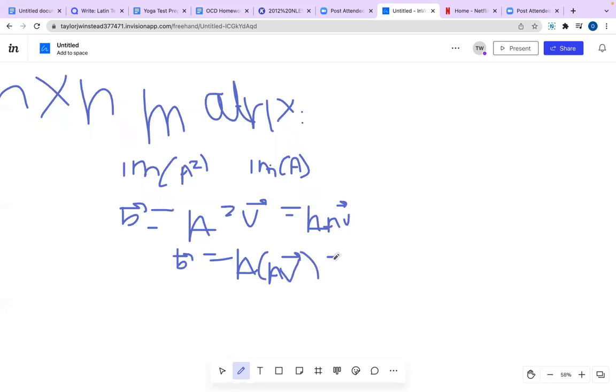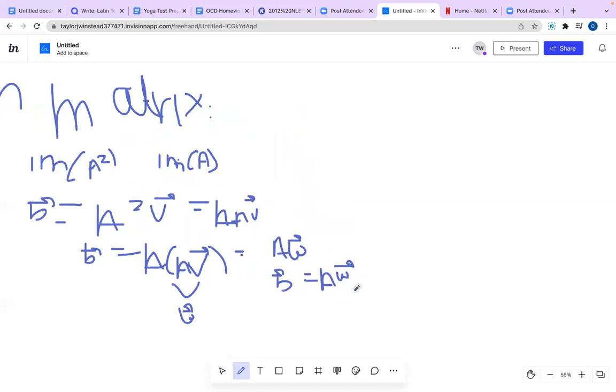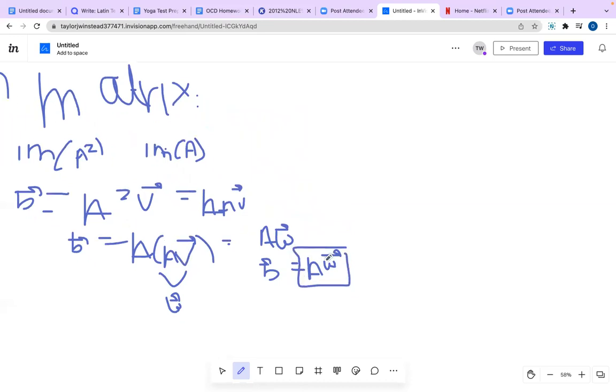And what we can do here is turn this AV into vector W, right? We can combine this and say it's A times vector W. If we've got the equation B is AW, well, that shows that B is in the image of A, right? Because we've written this A squared in a form that fits the image of A.